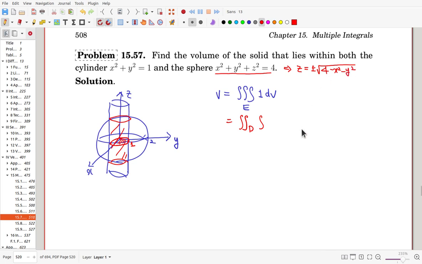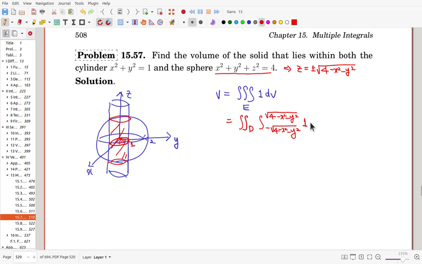The bottom is minus the square root of 4 minus x squared minus y squared, and the top is the square root of 4 minus x squared minus y squared.